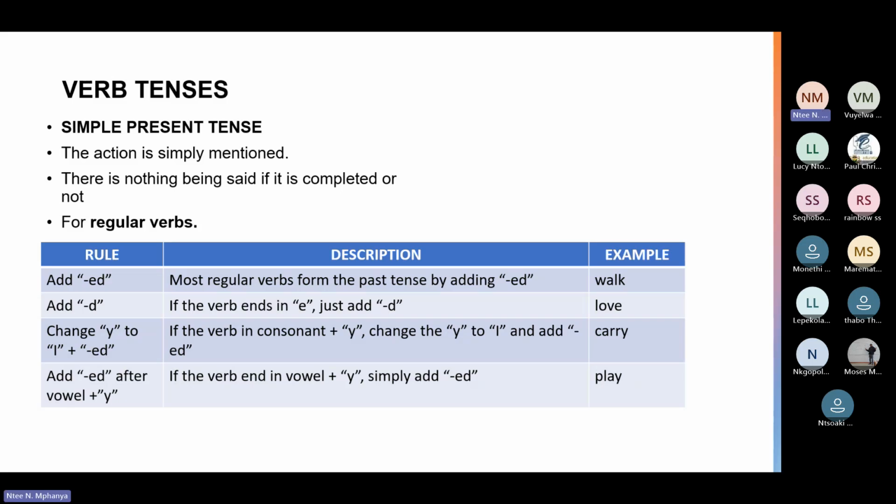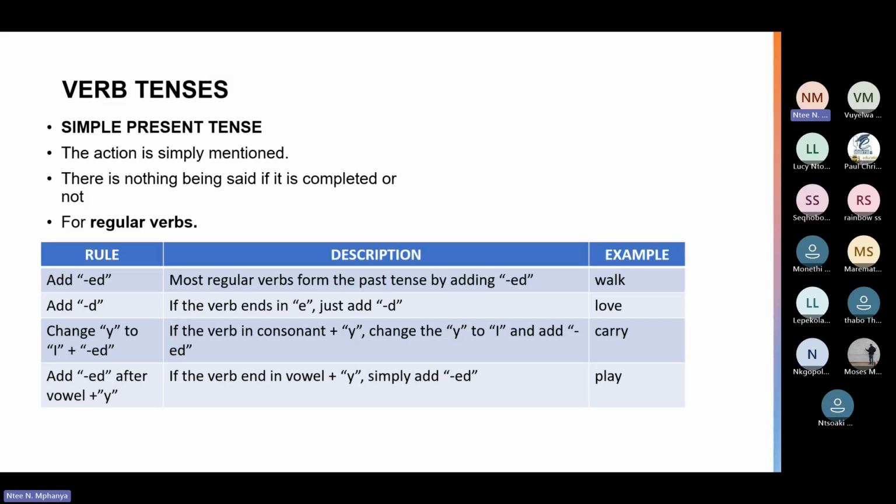Rule number 2, you just add suffix d. When does that happen? It happens if the verb ends in e, then you just add suffix d. For example, love.